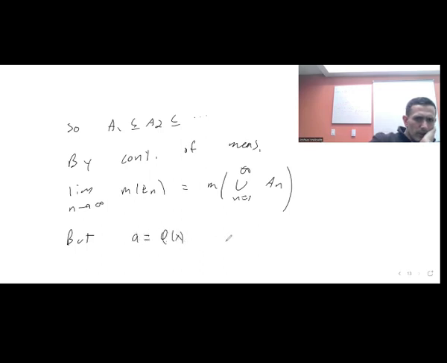Okay, well, so A is phi of x, and that's less than or equal to f of x on E_infinity. So what does this tell me?